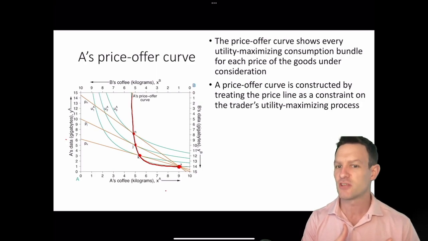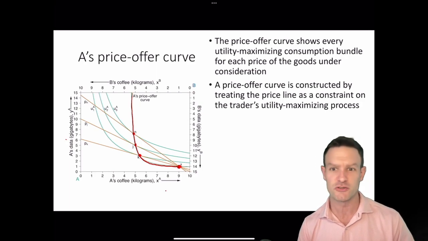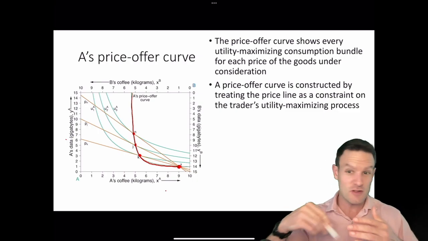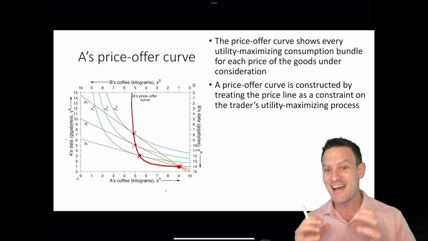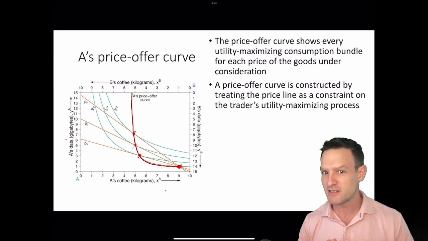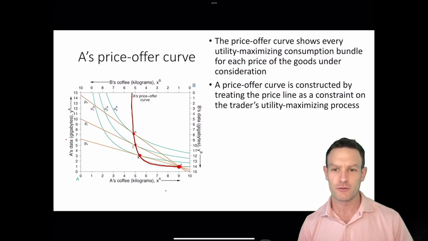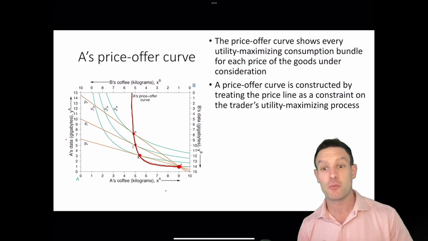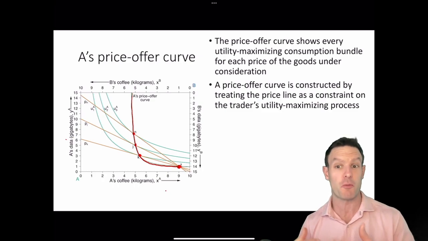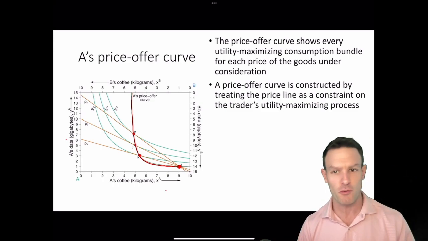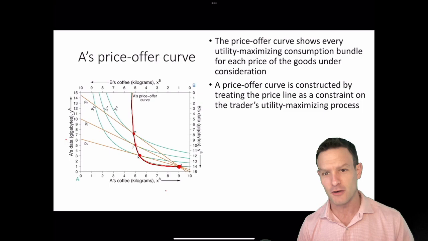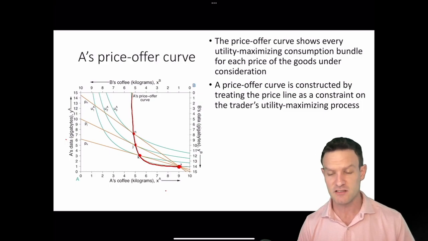We find a constrained utility maximizing point. If we do that for all of the potential prices that Adamo might be offered by Beatrice, that gives us the price offer curve. In that way, Adamo's price offer curve is like his best response function to each potential price that Beatrice might offer him in exchange for goods that she has.